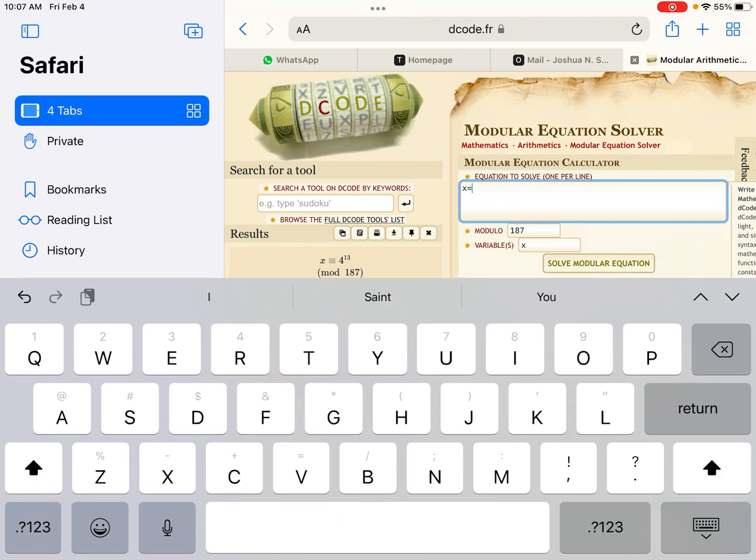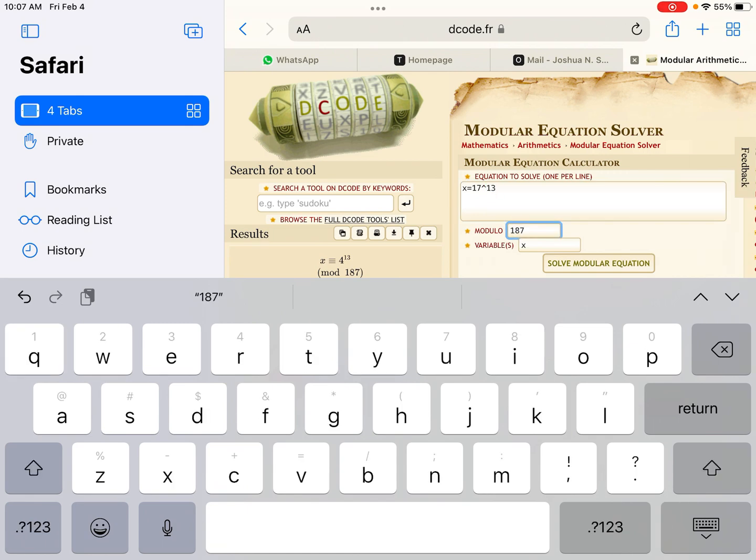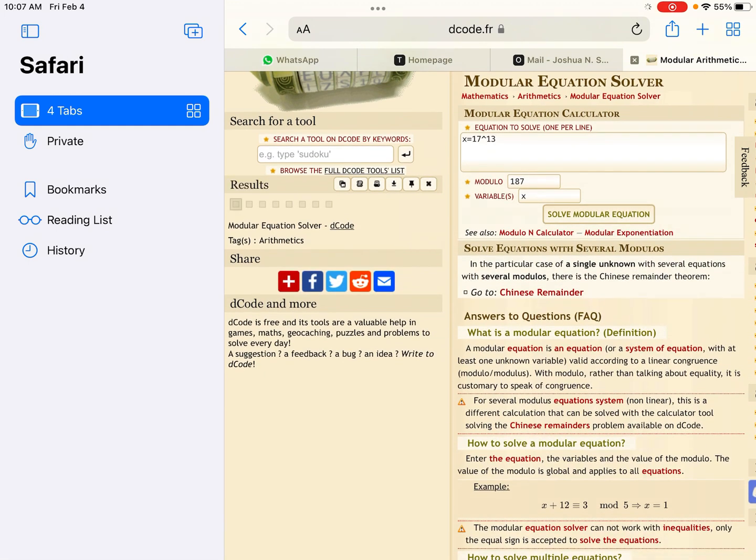So I'm going to set up here x equals, so we had 17, we're going to use the caret button, raised to the 13th power. And we want to make sure that the modulus here is 187, and it is. And once we do that, we're going to hit solve modular equation.